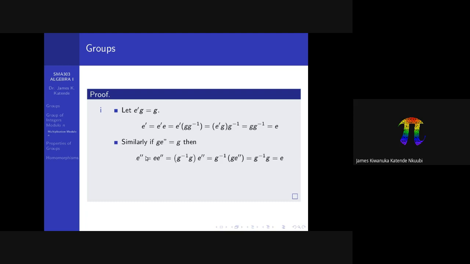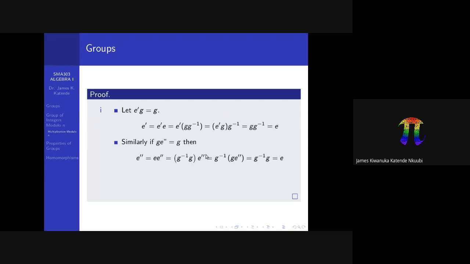Here we write E double prime is equal to E double prime times the identity. Again, the identity can be replaced by G inverse G. The order in which we write this product is chosen so that it can be useful to us at the next step, because this can also be replaced by G G inverse, but G G inverse will not be useful to us at the next step. So our preferred order is G inverse G.